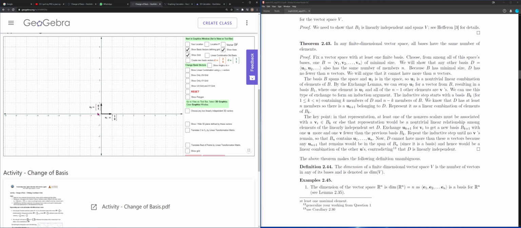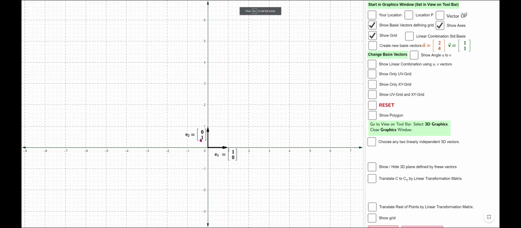For example, in R2, the number of vectors in this basis is 2, and in a different basis it is also 2. So if you have a vector space such as R2 and you count the number of vectors in any basis, that number is not going to change from one basis to the next. It's always fixed, and that number we call the dimension of the vector space.